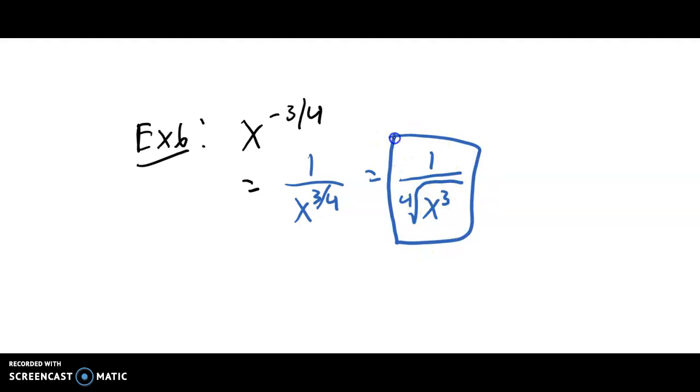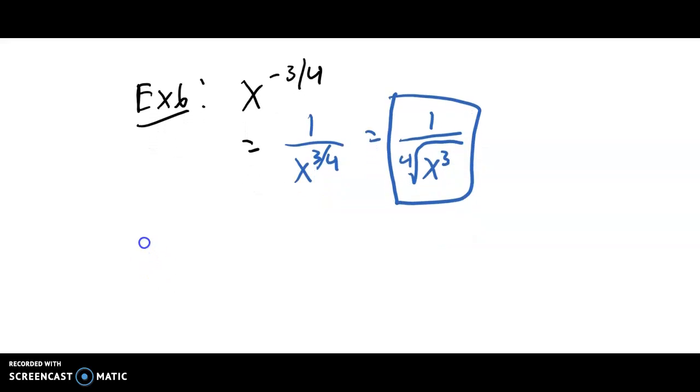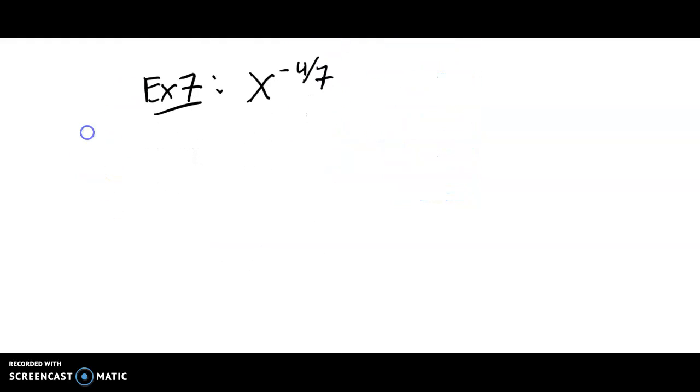So this is our final answer. The negative exponent causes it to move to the denominator. That's the negative exponent's job. Once it finishes its job, it's not there anymore, it's positive, and then we convert our rational exponent into a radical. Last example here, same deal.